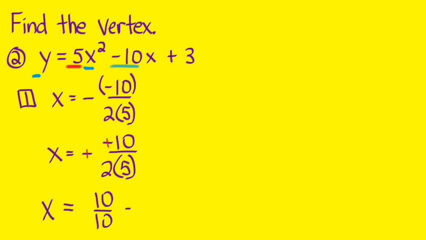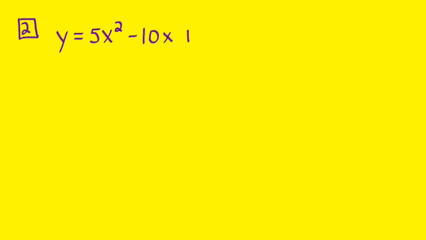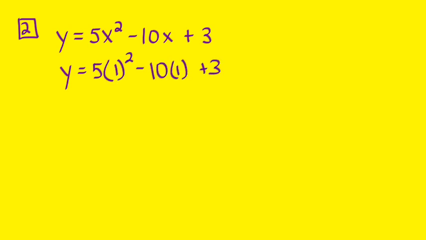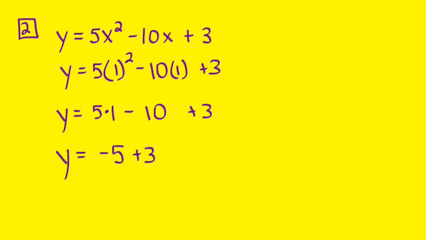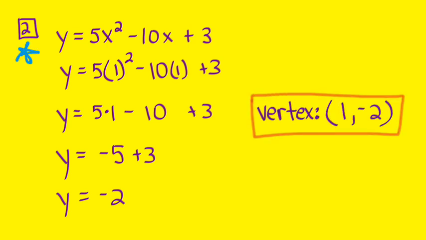That's 10 over 10, which is just 1. Now I take that 1 and I plug it back into the equation. 5 times 1 squared is just going to be 5, and negative 10 times 1 is still negative 10. And then plus 3. So we get our y value as negative 2. So our vertex is 1, negative 2.